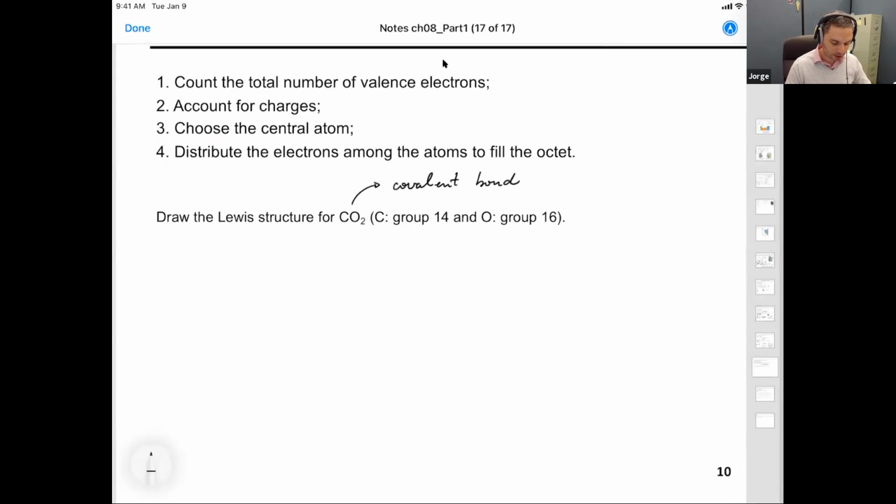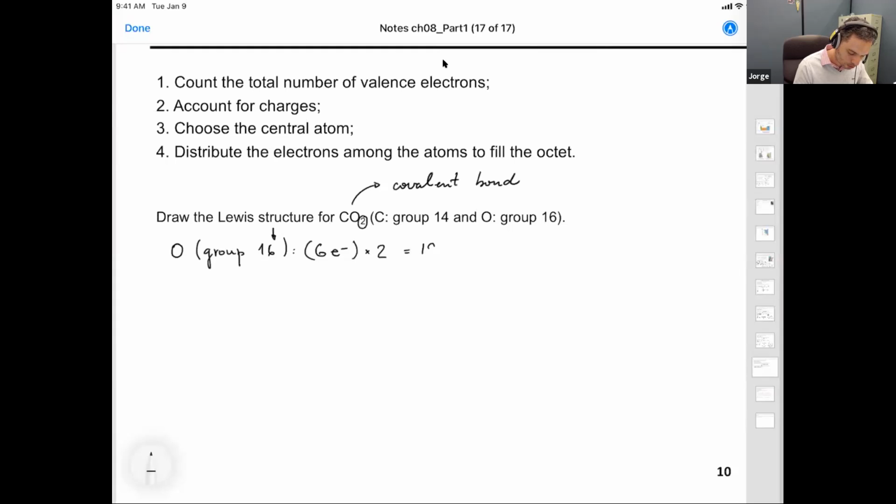Let's start here counting the total number of valence electrons. Oxygen belongs to the group 16. Therefore, 6 electrons in the valence shell. However, we have 2 oxygens in the structure.